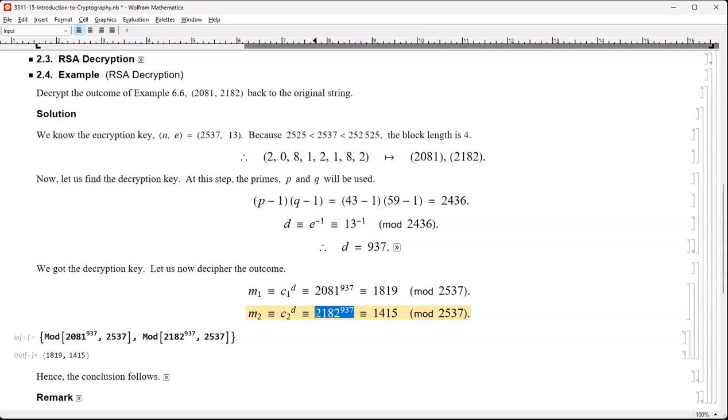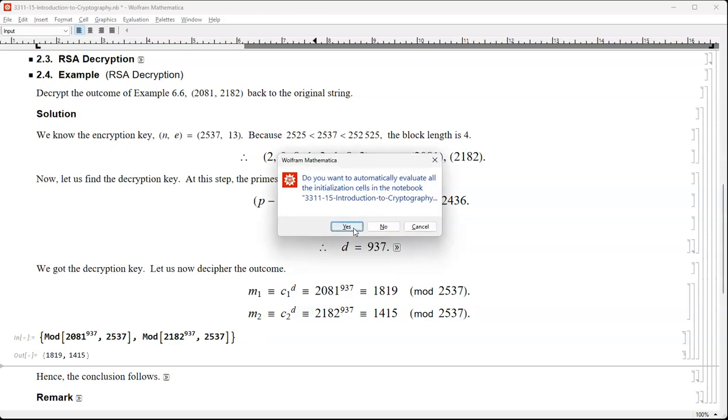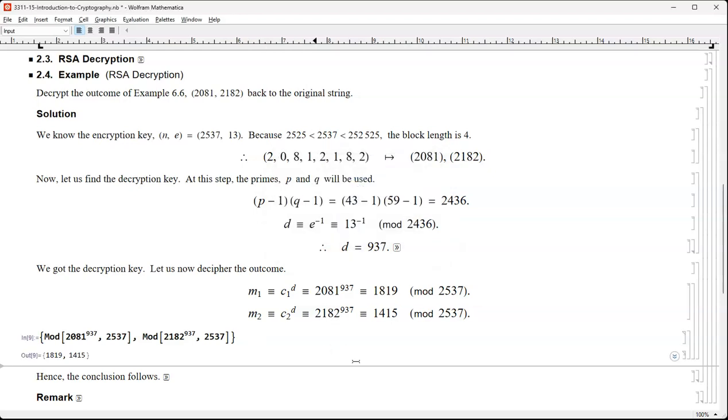Actually doing this kind of computation without a calculator is crazy, of course. So I advise you to use a computer algebra system like this. Maybe you'll be able to reduce those a little bit further using some exponent rules and congruence, but it's crazy. 2182 to the 937 power modulo n, 2537, turns out to be 1415, and previously 1819.